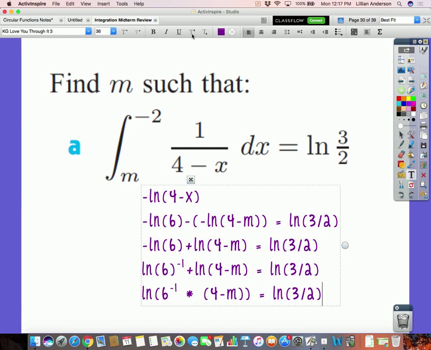And what is 6 raised to the -1? 1/6. So this is basically 4 minus m over 6. Are there any questions up to here?